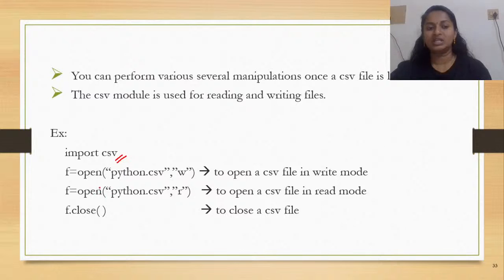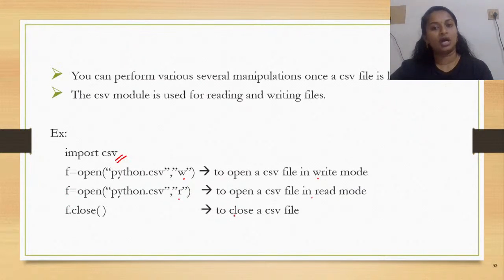So how do you open it? Open, the file name, comma, the mode. Each one of them is a string, so they are enclosed between double quotes, right? If you are opening the file in write mode, you have the mode as w, and in read mode, you have the mode as r. Now, what would be returned? The file object, which is assigned to the variable f. So f is going to be your file object.